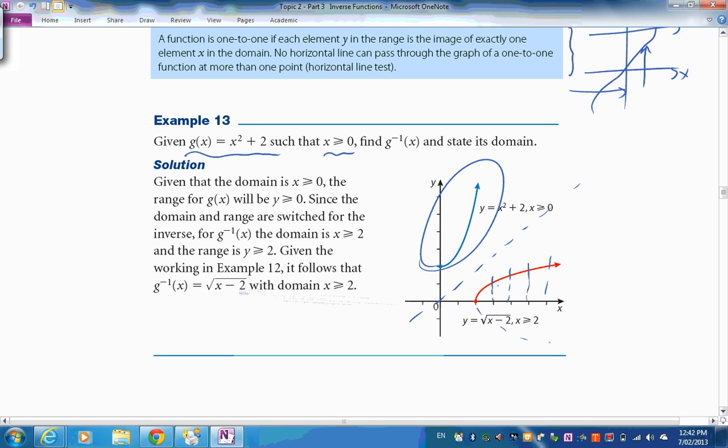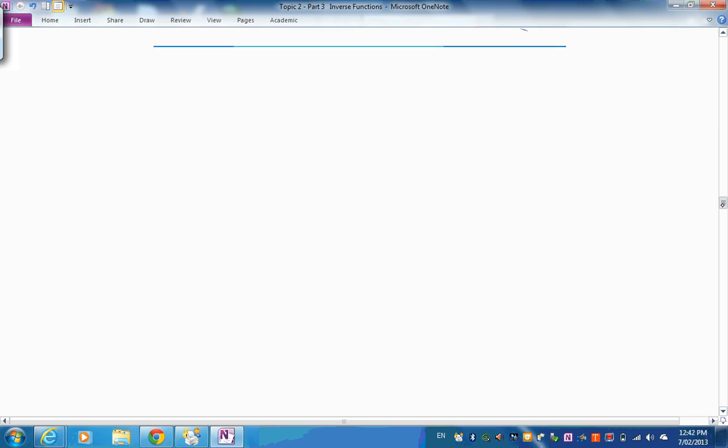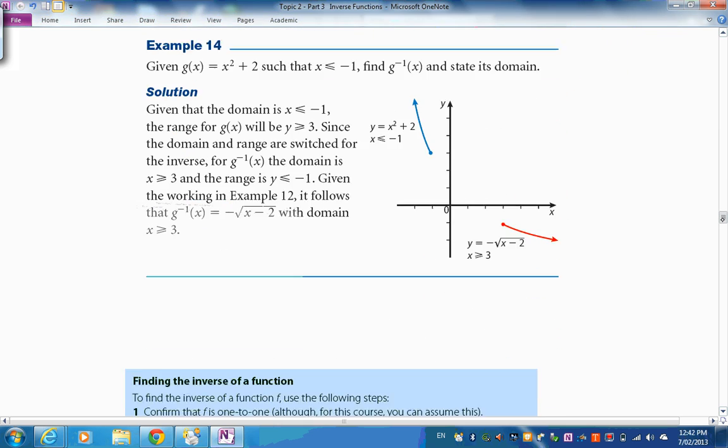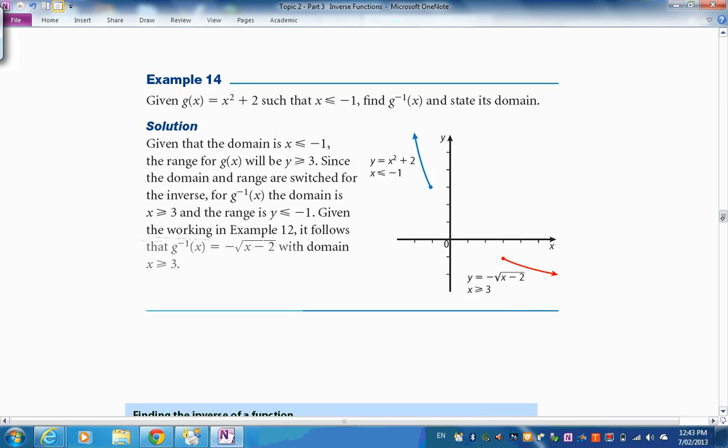You haven't got the problem bottom half because you've restricted the domain, only taken half of it. You might pause the presentation and read through it, or read Pearson's explanation in the textbook. So that's what they will do, restrict the domain, so that when you do the process, it does give you a function.